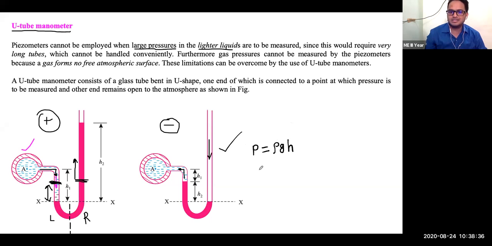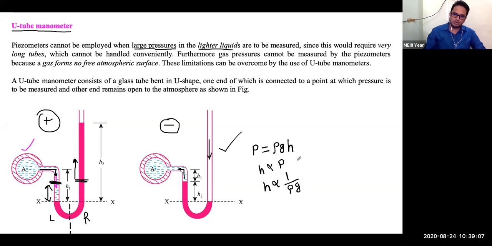As you can see here, height h is directly proportional to the pressure P, and this height h is inversely proportional to rho g. Rho represents density and g is the acceleration due to gravity.